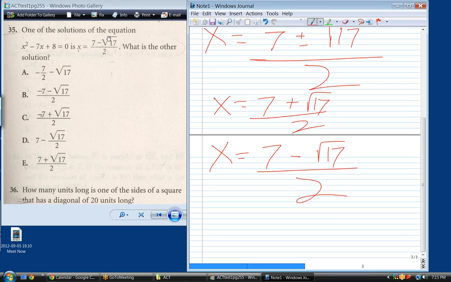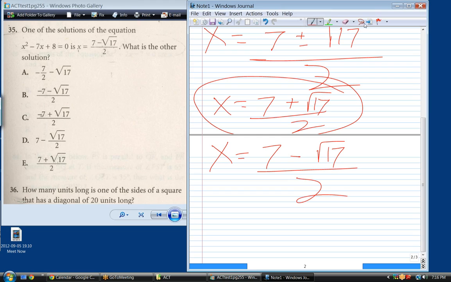And so when they gave you one solution here, we know the other solution has to be the plus end of it. If we're really familiar with the quadratic, we can get this problem in 10 seconds. If we have to actually use it to solve, then it's going to take a while longer. But you should be able to use the quadratic formula to solve a quadratic equation.